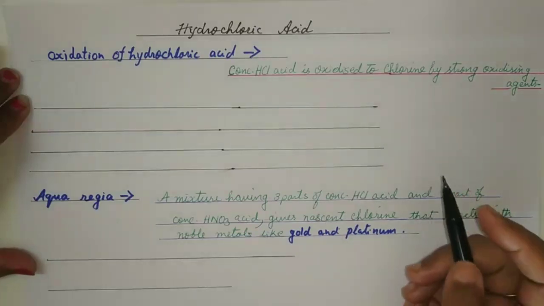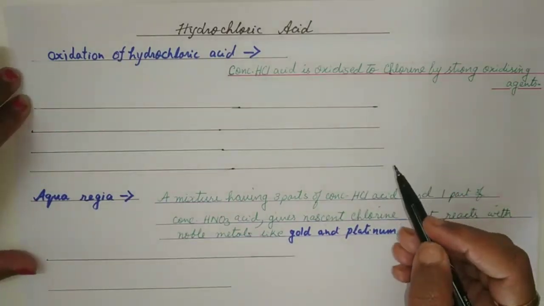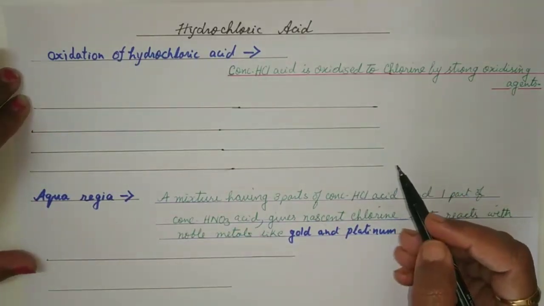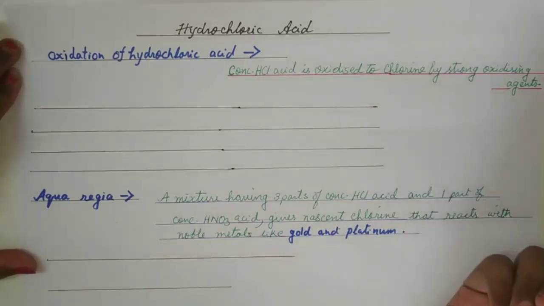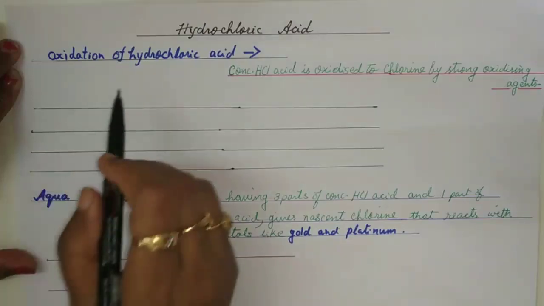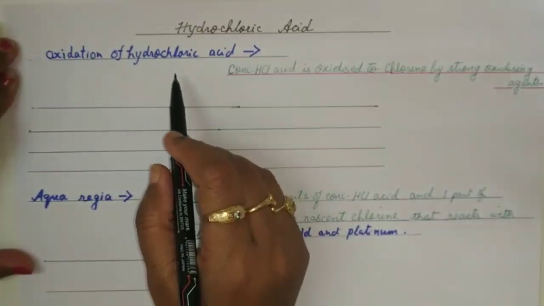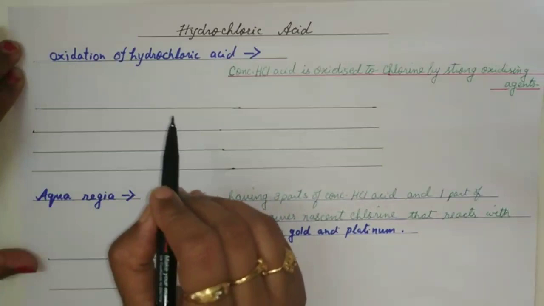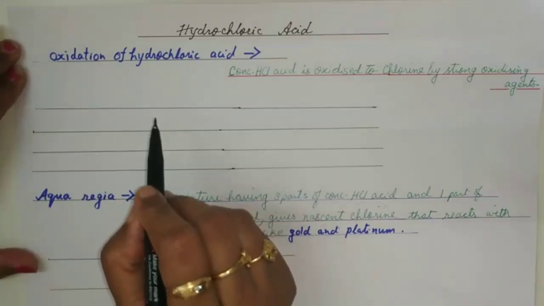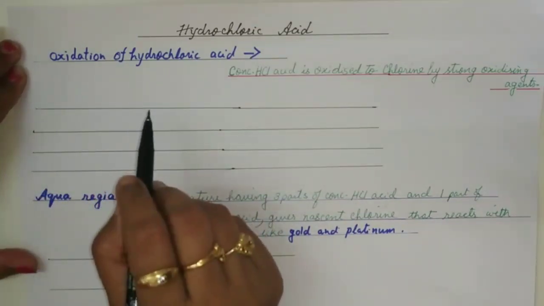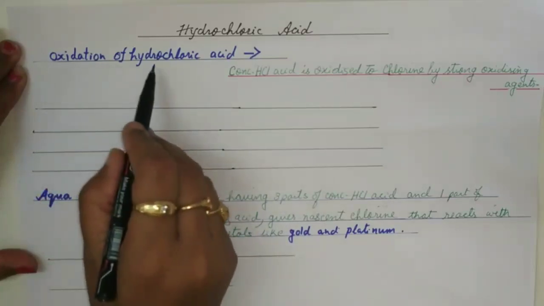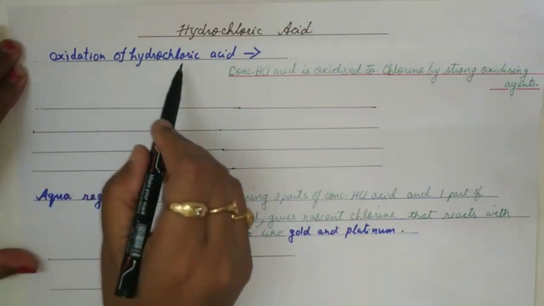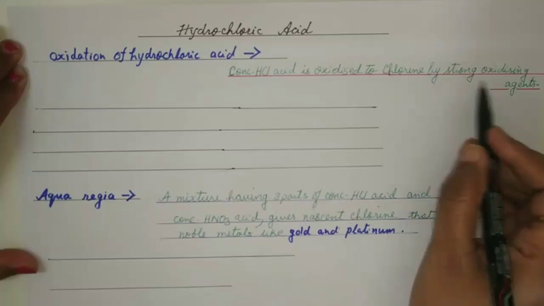The next type, and very important also. Actually, this is different from the previous equations that we were writing. They were all with dilute hydrochloric acid. Now to oxidize hydrochloric acid, we need a strong oxidizing agent.